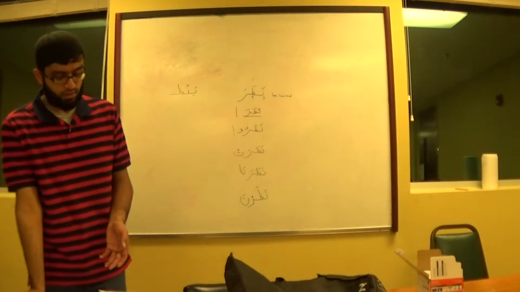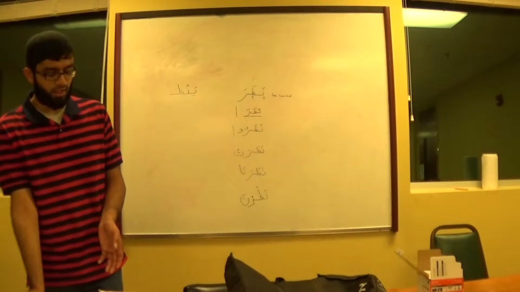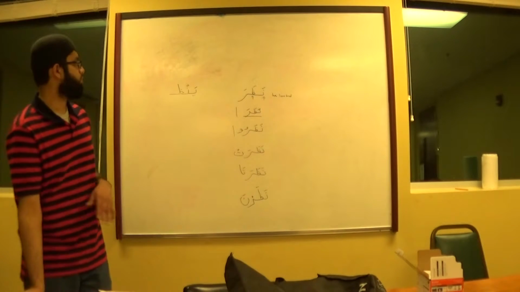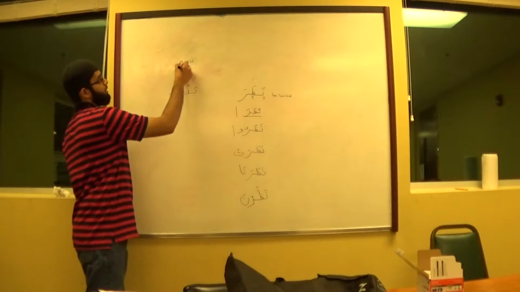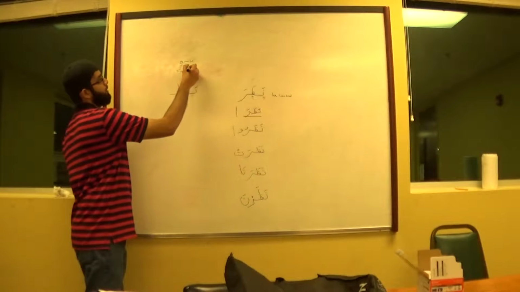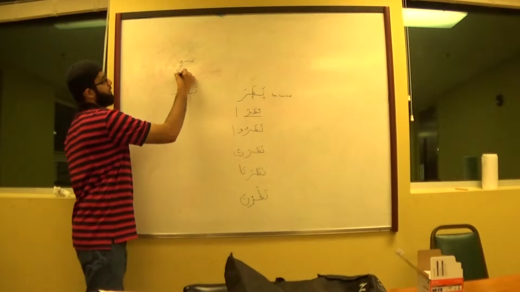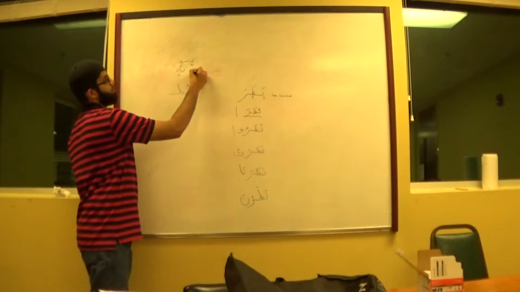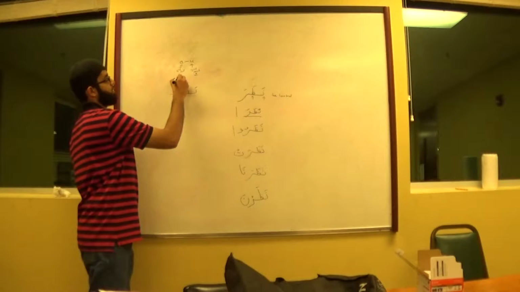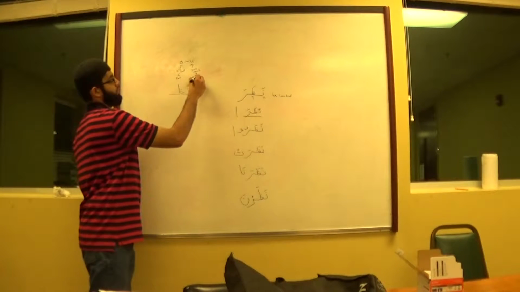But nazara is in the first column, which means that it's AU, which means that in the past tense, the second root has a fatha, and in the present, the second root has a dhamma. Right, dhamma. So this is past, and this is present.